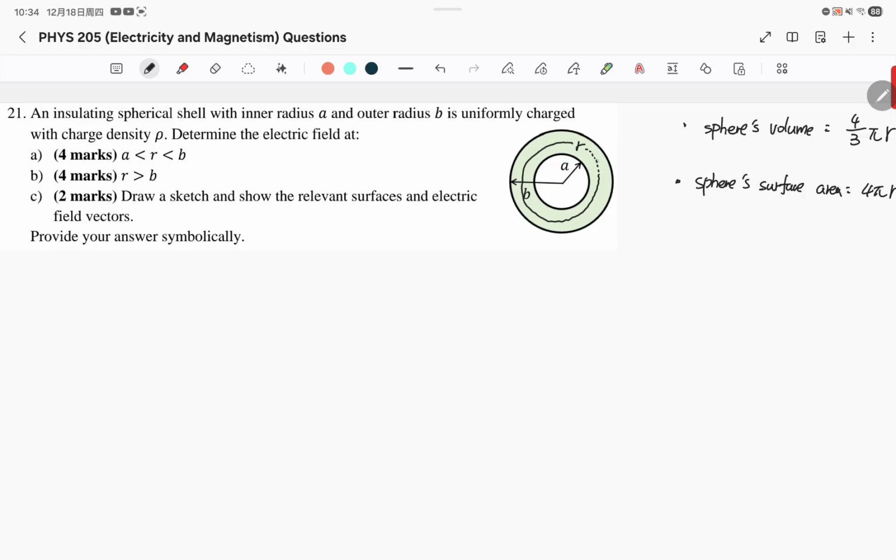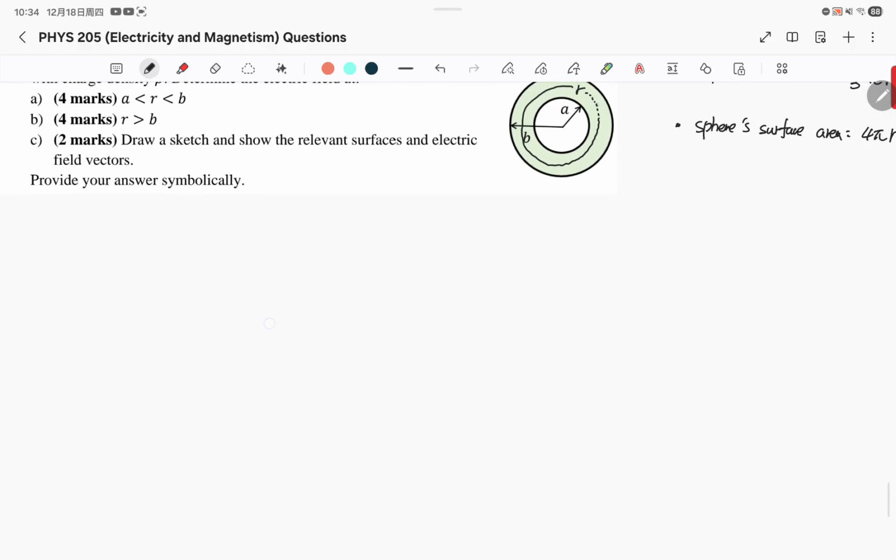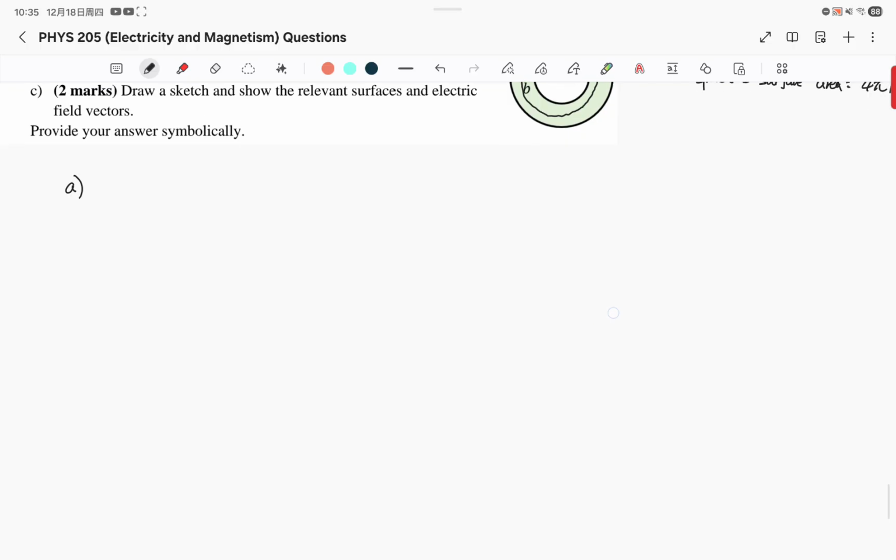R is between A and B. Gauss's law tells us the closed surface integral of E dot dA is equal to Q enclosed over epsilon naught.